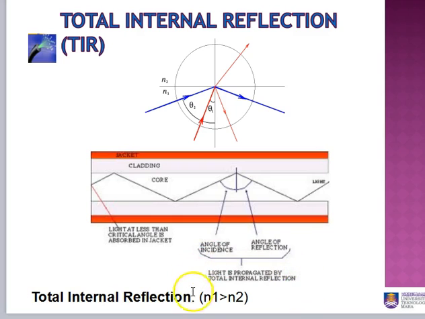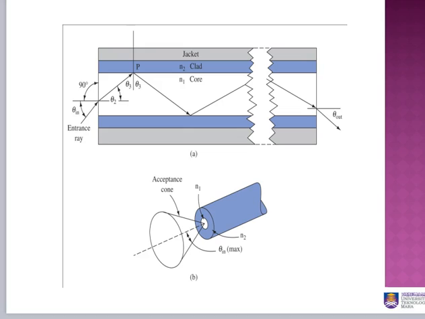It can only happen when n1, the refractive index of medium 1, is greater than that of medium 2. For our case, the refractive index of the core should be greater than the refractive index of the cladding.